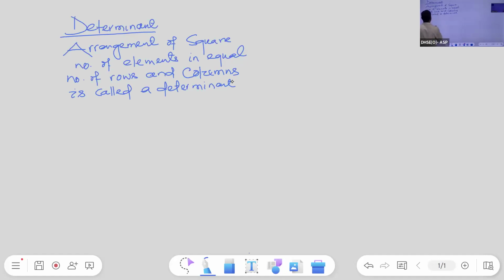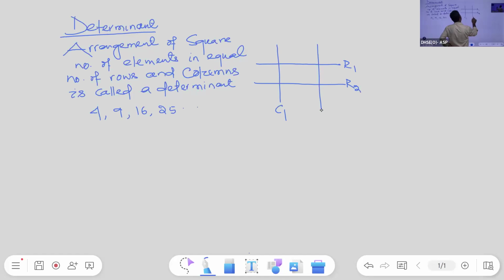Square number of elements means either 4 elements or 9 elements or 16 elements or 25 elements like this, okay? In equal number of rows and columns, horizontal lines are called rows, vertical lines are columns. Suppose 2 horizontal lines are there, row 1, row 2, and 2 vertical lines, column 1 and column 2.